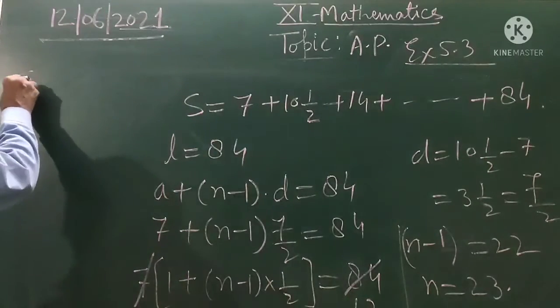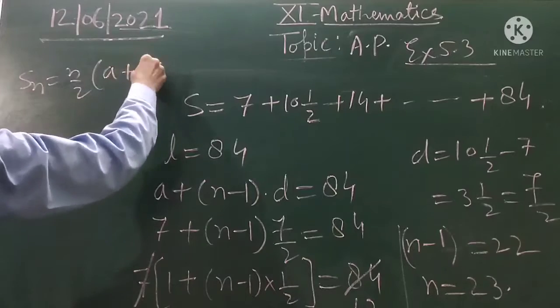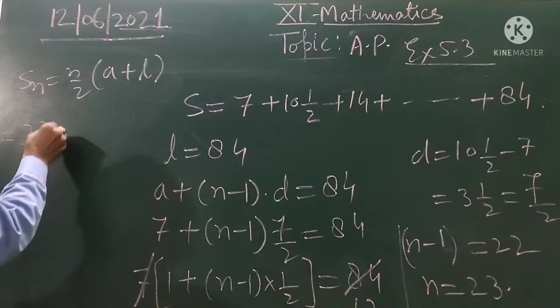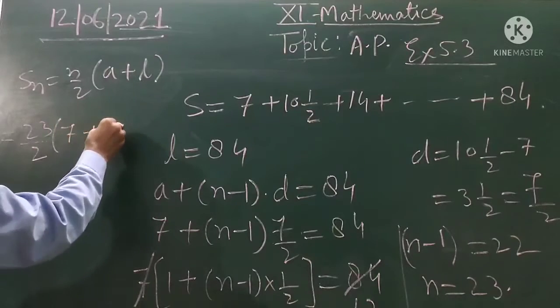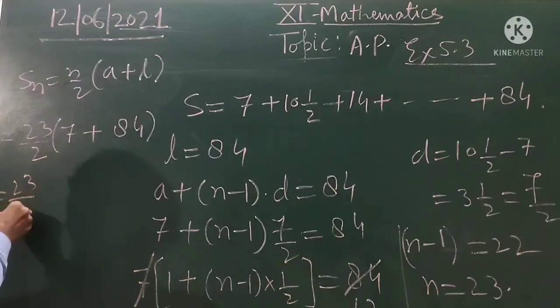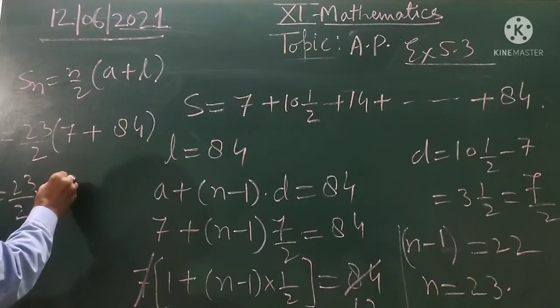So the formula of Sn is n by 2 (a plus L). Here n is 23 upon 2, a is 7, L is 84. Then 23 upon 2 into their addition, which is 91.